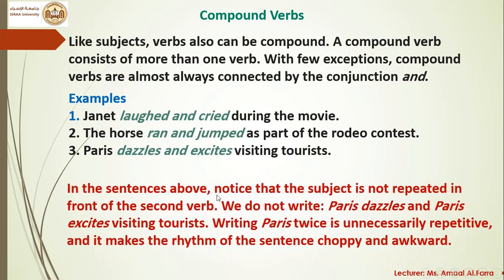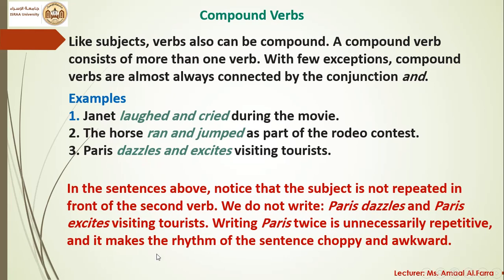In the sentences above, notice that the subject is not repeated in front of the second verb. That means I don't say Paris dazzles and Paris excites. Okay, we do not repeat the subject before each verb. We do not write Paris dazzles and Paris excites visiting tourists. Writing Paris twice is unnecessarily repetitive, okay?